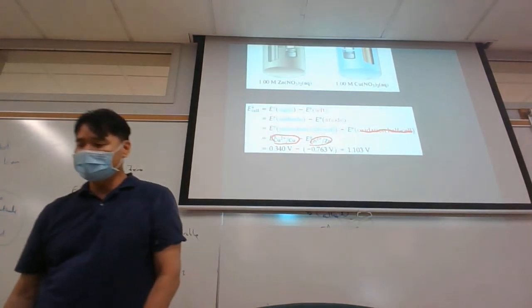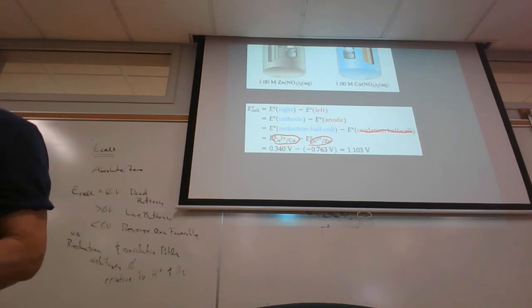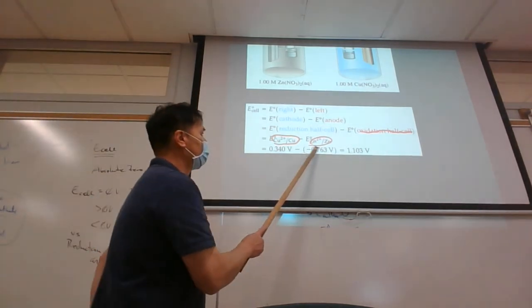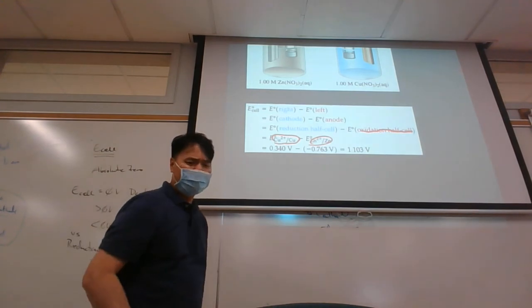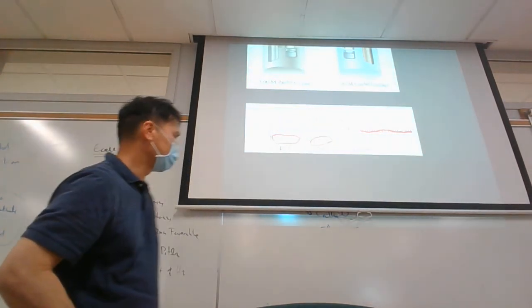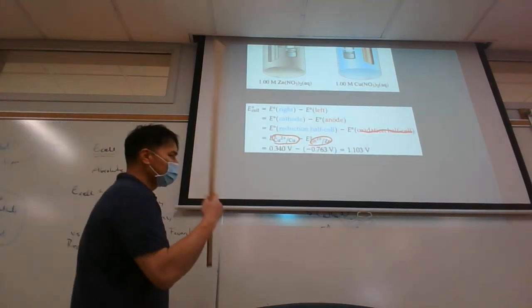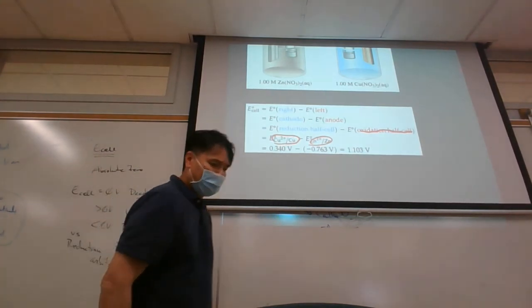So this is essentially just adding the two potentials. But it confuses things, because then students start to think, okay, the better reducing agent has the more negative value. Well, that's correct. I mean, the more negative value, it's better here because you're taking negative times a negative. But in reality, it doesn't work that way. It's the more positive. The more positive the value, the better the driving force. And that goes for both of these. And so people start to think differently in terms of reduction and oxidation potentials.